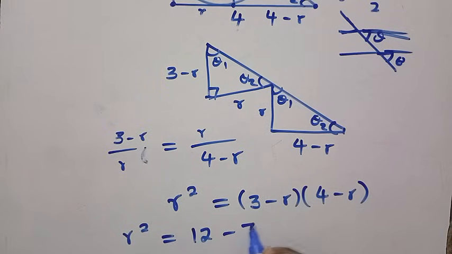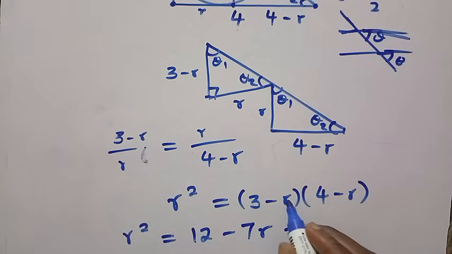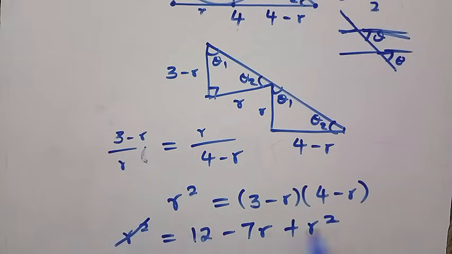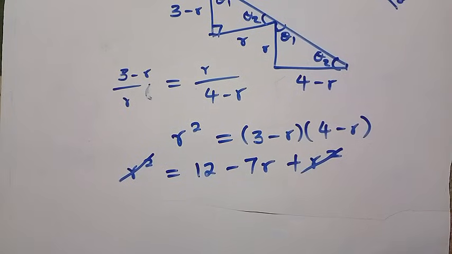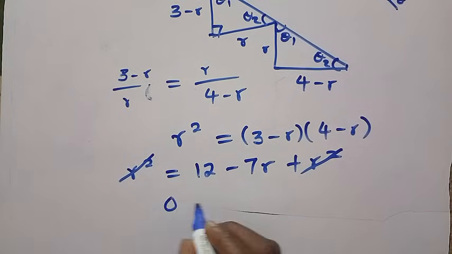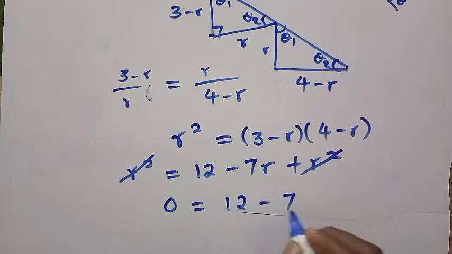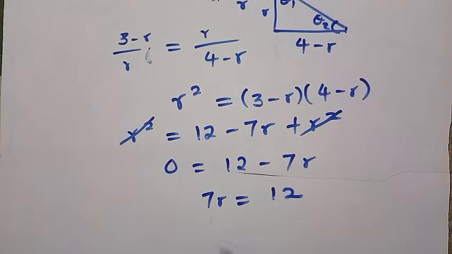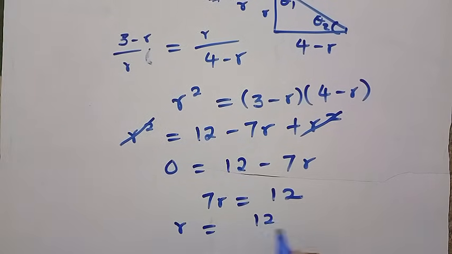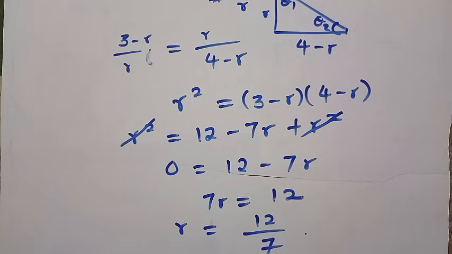Adding the two together, we have minus 7r, then plus r times r, that is r squared. So r squared cancels r squared on the two sides. Here we have 0 equals 12 minus 7r, and so 7r equals 12. If 7r equals 12, then r equals 12 divided by 7. So this is what we have for r.